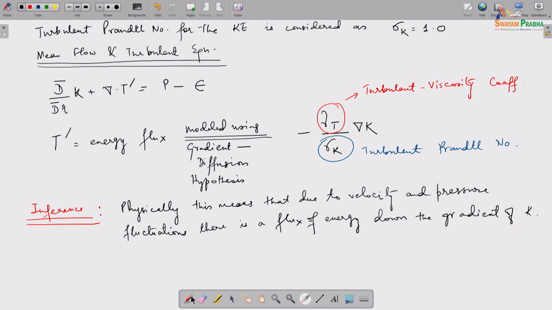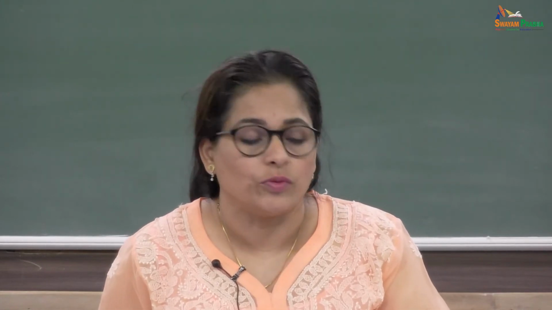Now there are advantages, obviously, that's why we are modeling it. Mathematically, this gives us smooth curves, smooth solutions, and a boundary condition can be imposed on K. So let me write that down.